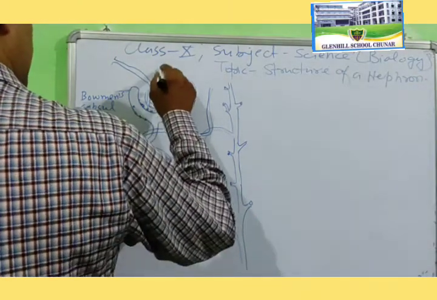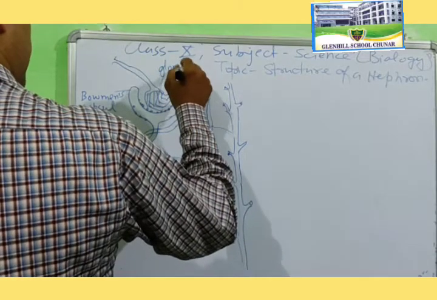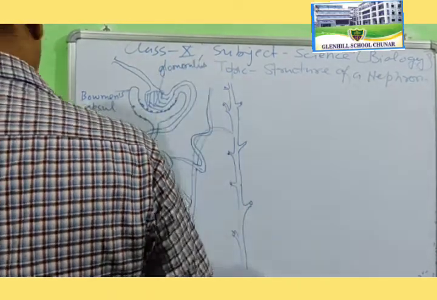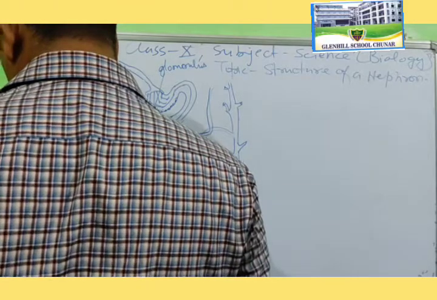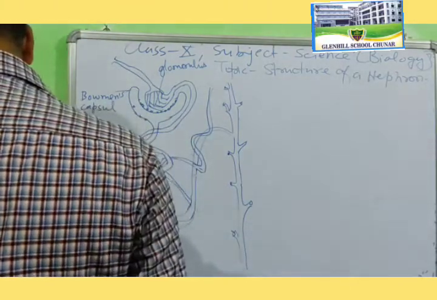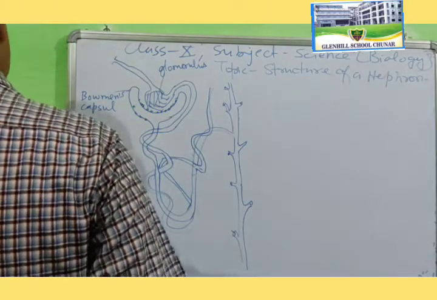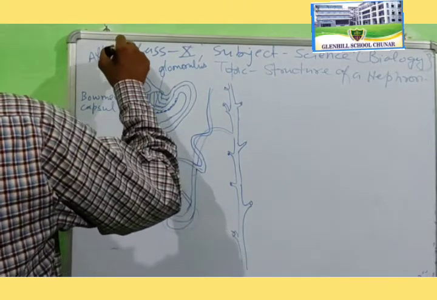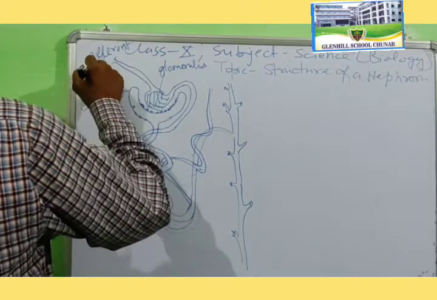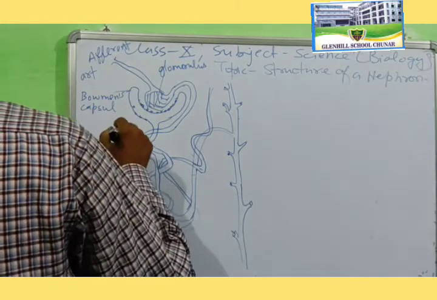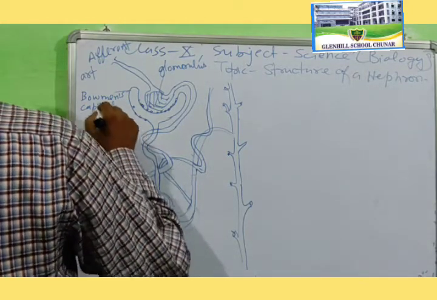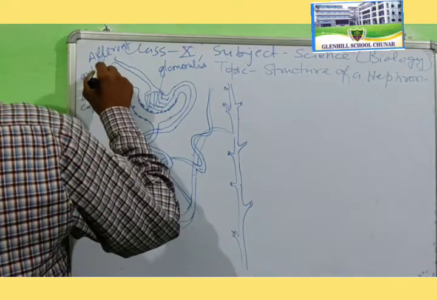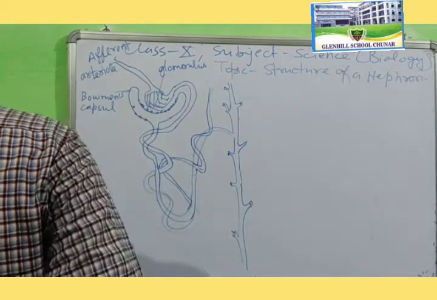This is the glomerulus. And afferent arterioles. Afferent arterioles.